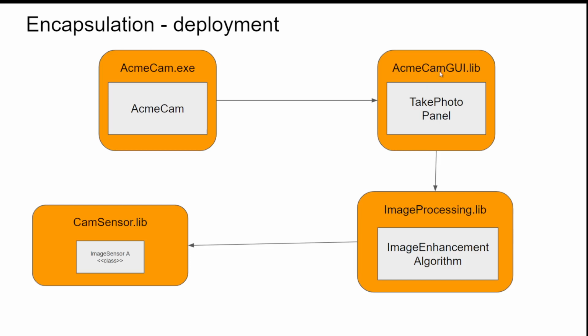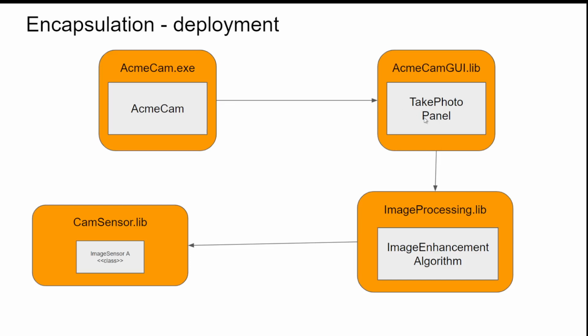You can see we have the camera GUI library where we put the take photo panel. This is basically the presentation library. And then we have the image processing library where we have the algorithm. And then we have a camera sensor library where we place the camera itself.